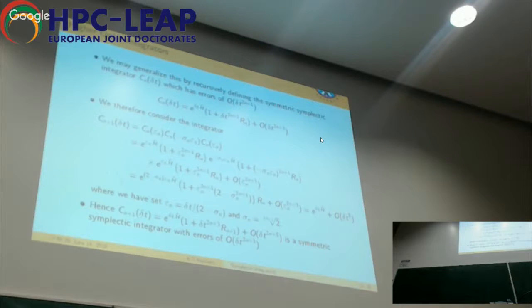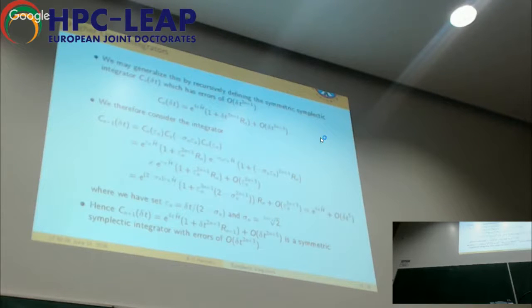Again, it doesn't matter exactly where you evaluate this operator because all the differences are higher order than epsilon. And we just use distributivity, collect terms, define epsilon n to be delta tau over 2 minus sigma n, and sigma n to be the 2n plus 1 root of 2.